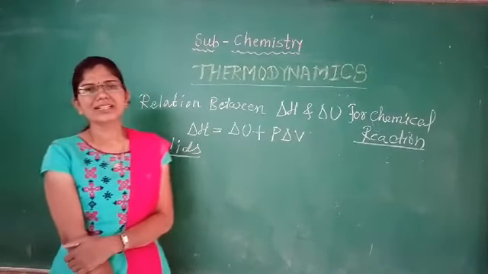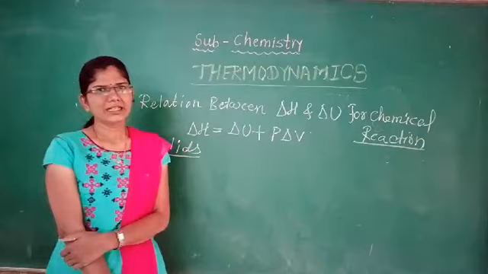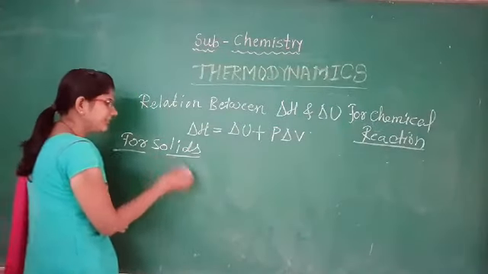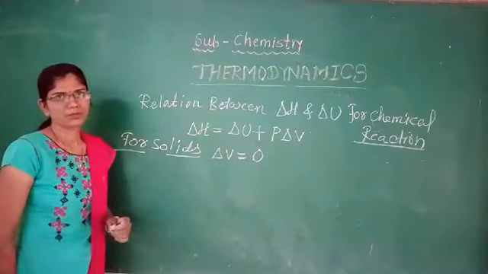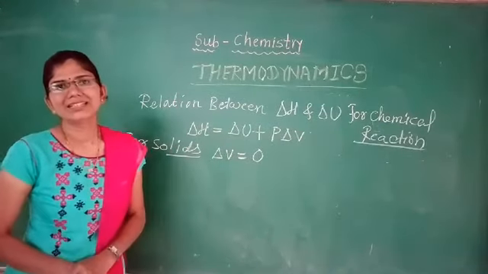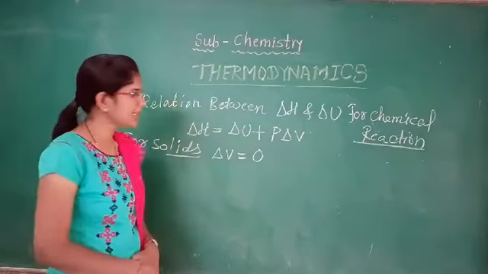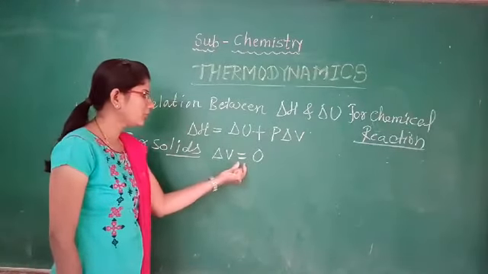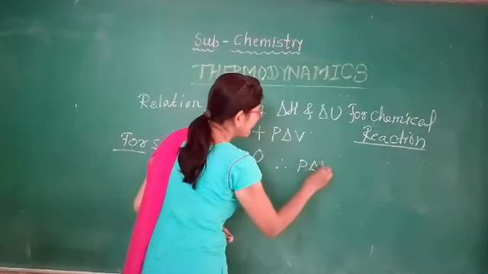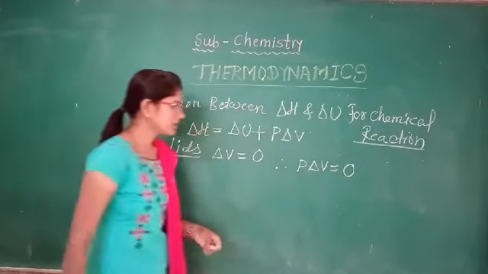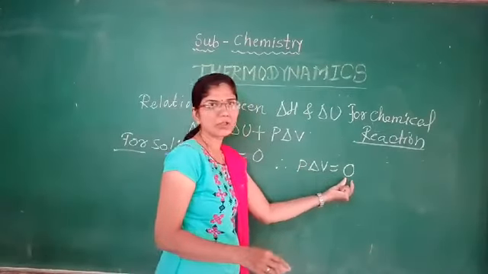Therefore there is a negligible change in volume for the solid, so we can write that the change in volume becomes 0, and therefore P delta V also becomes 0, because if we put the value of delta V in P delta V, it is equal to 0.